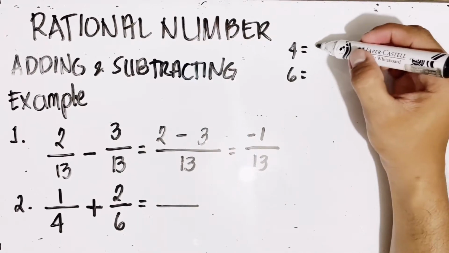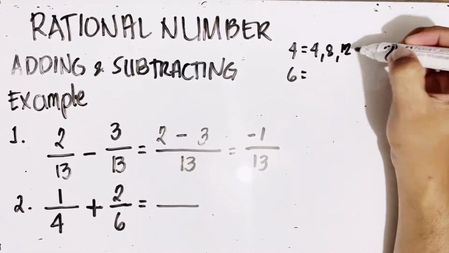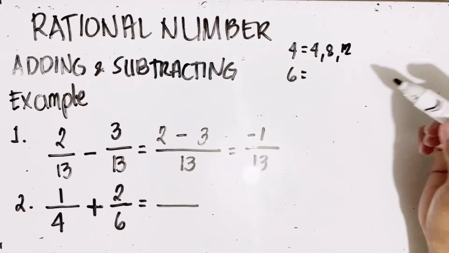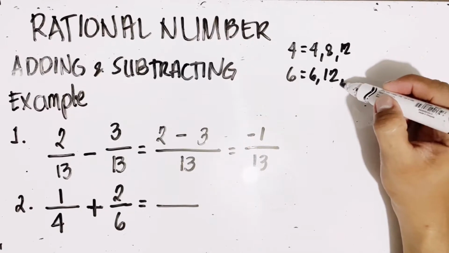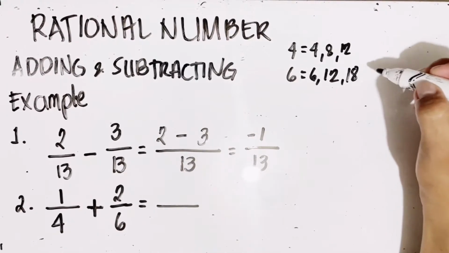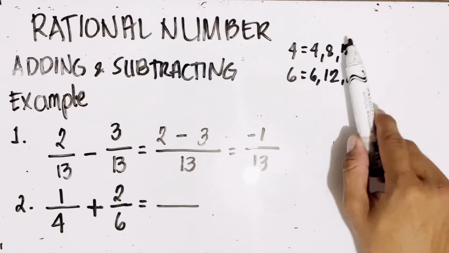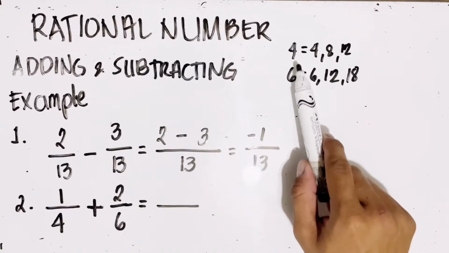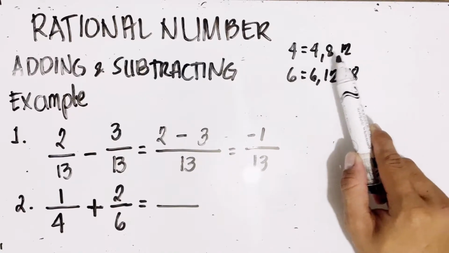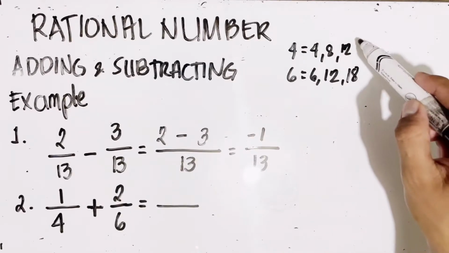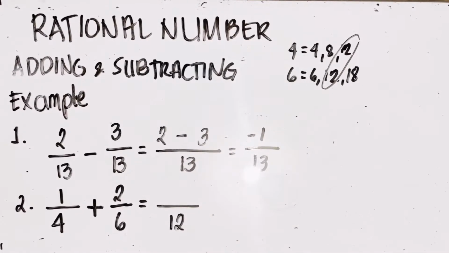Multiples of 4, we have 4, 8, 12. How about for 6? We have 6, 12, 18, and so on. Now, the least common multiple of 4 and 6 is 12. So we will write 12 as the new denominator.